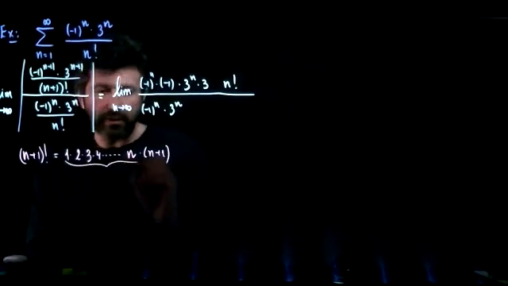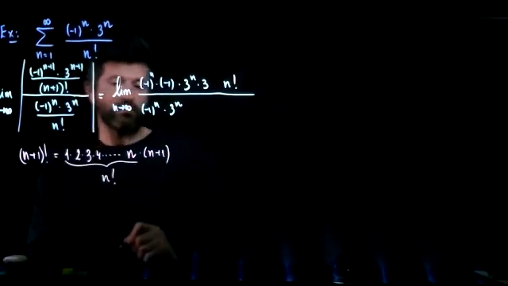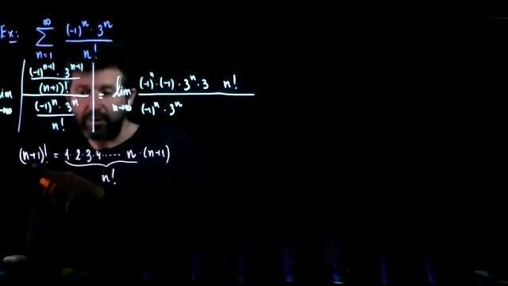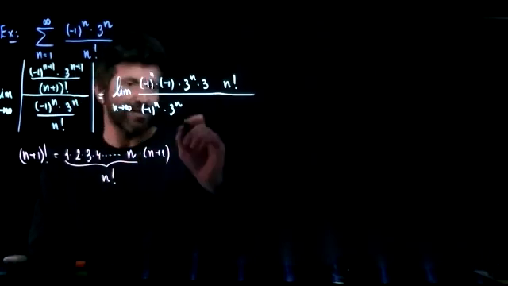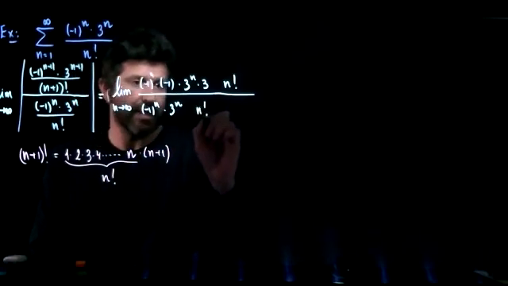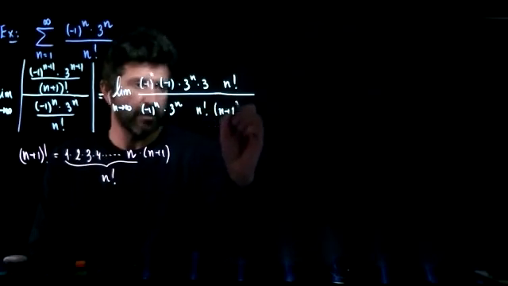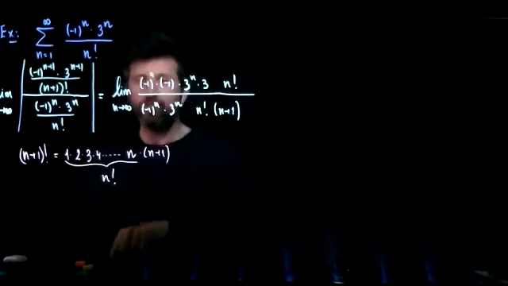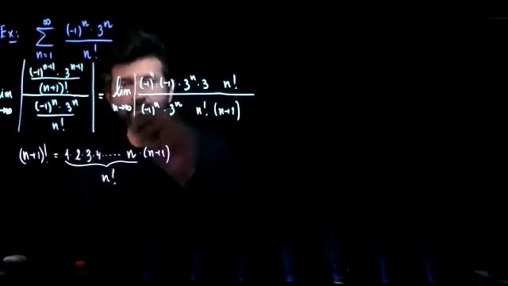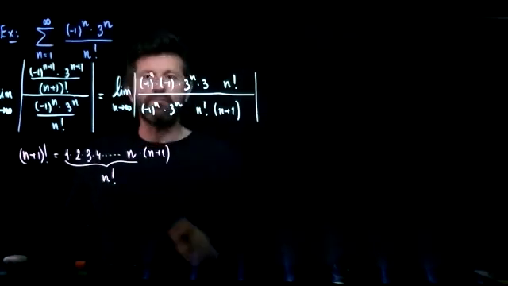And 1 until n, well, this is n factorial. So n plus 1 factorial is actually n factorial times n plus 1. So that's what I'm going to write here. N factorial times n plus 1. Who doesn't understand what I just did? Don't forget the, of course, absolute value.